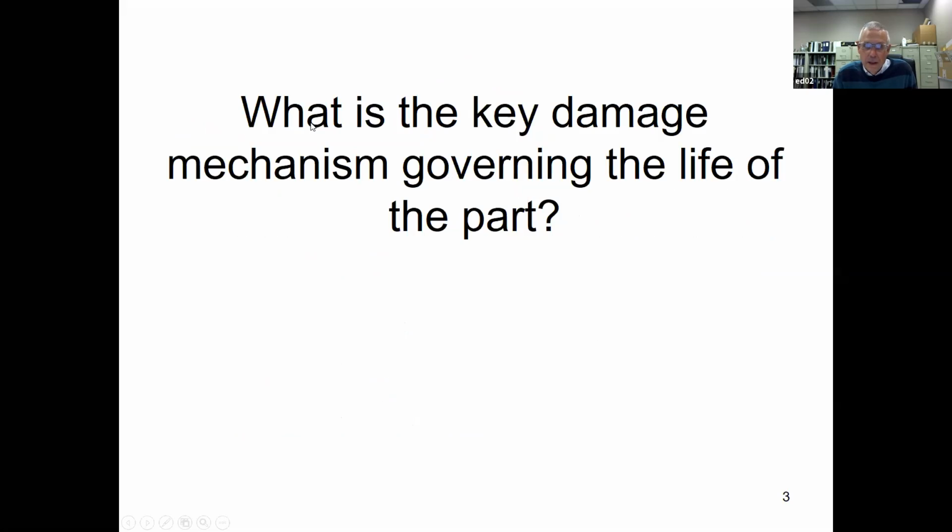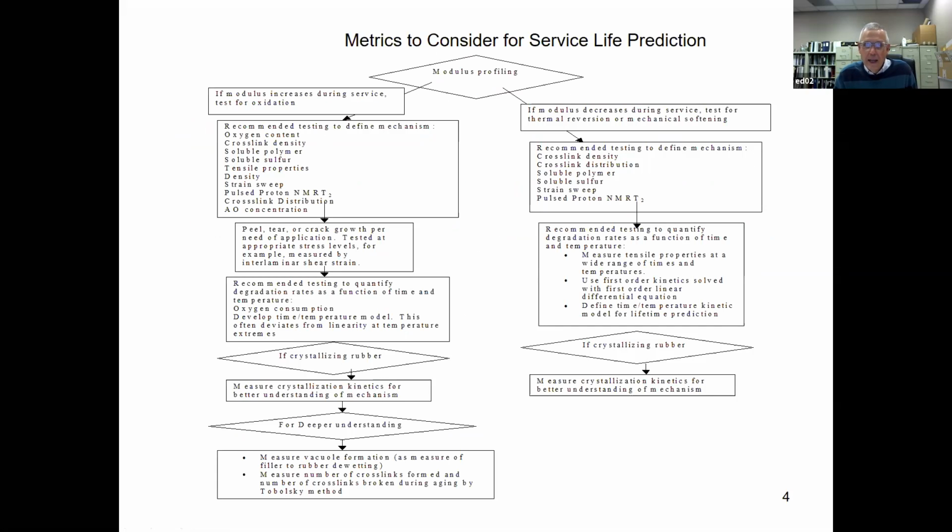So the question is, what is the key damage mechanism governing the life of the part? That's how to get started. And this is kind of my reminder list of how to approach it.